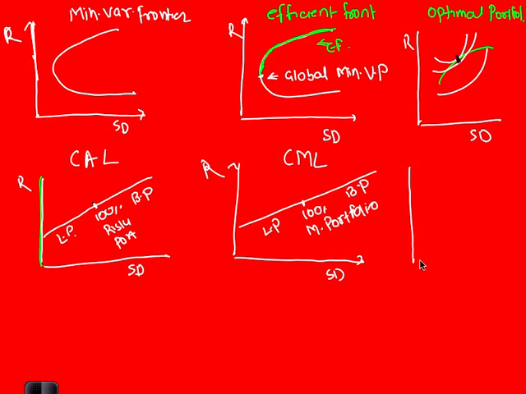And the last step, we had the security market line. This is again expected return, but now on the x-axis we will have beta, which is the measure of systematic risk. And this is the entire life cycle. So put this on a piece of paper, write it quickly.